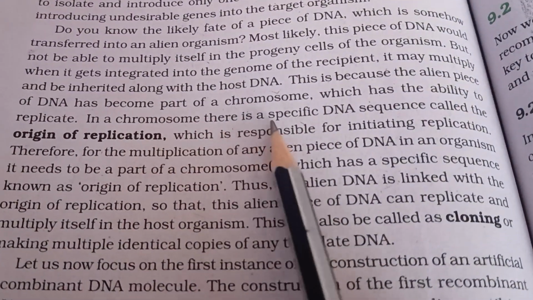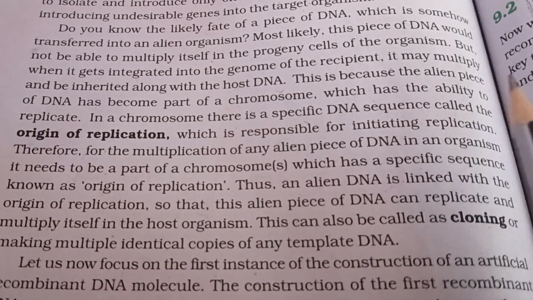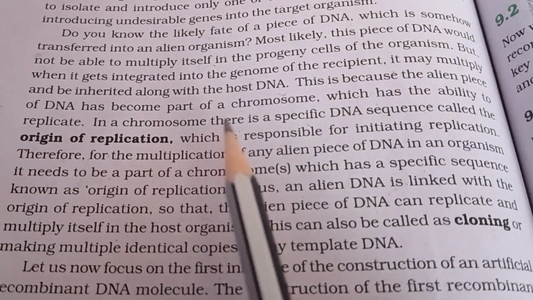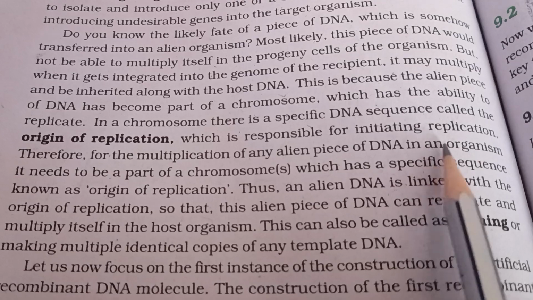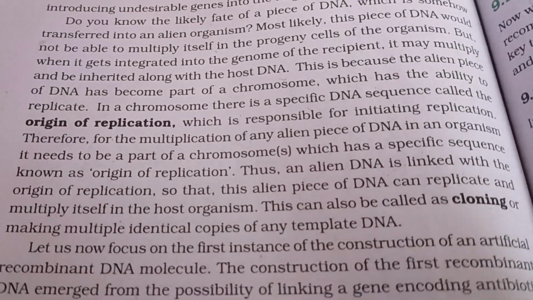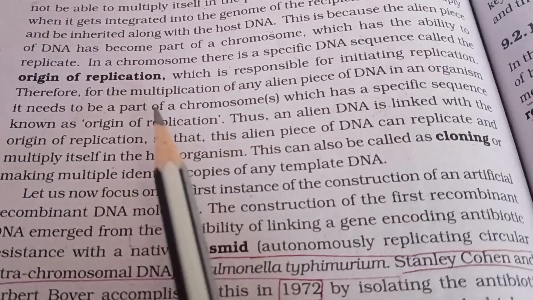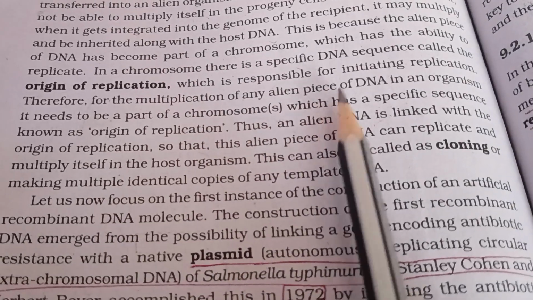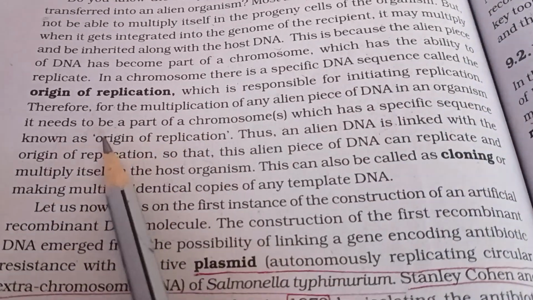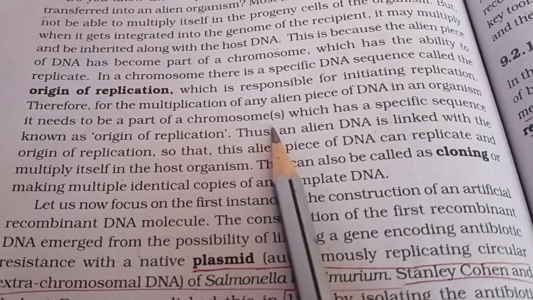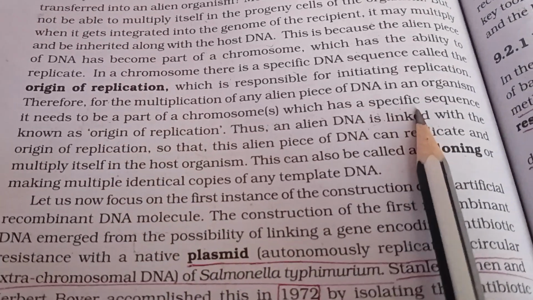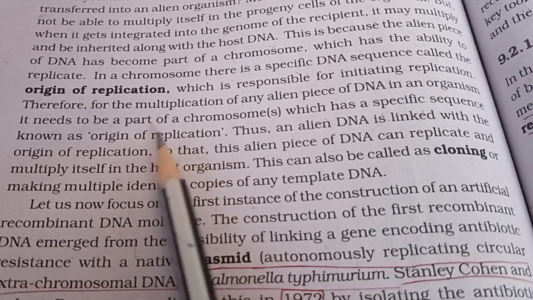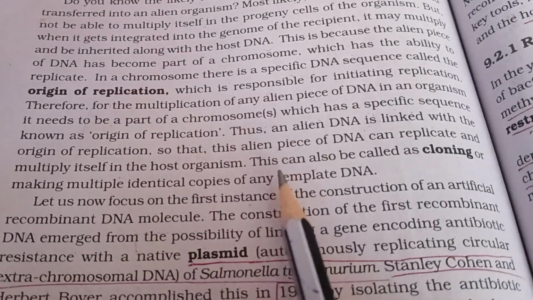So, in a chromosome, there is a specific DNA sequence called the origin of replication, which is responsible for initiating replication. Therefore, for the multiplication of any alien piece of DNA in an organism, it needs to be a part of a chromosome which has a specific sequence known as origin of replication.